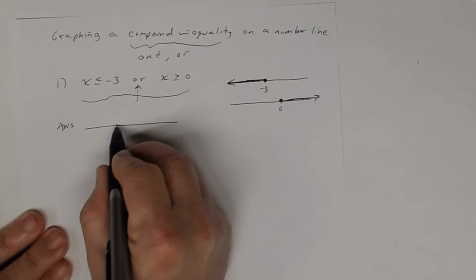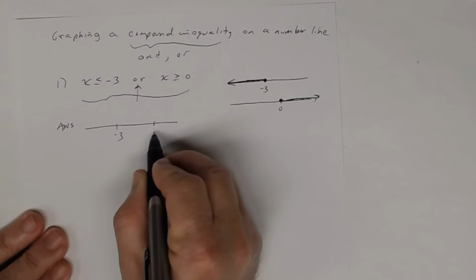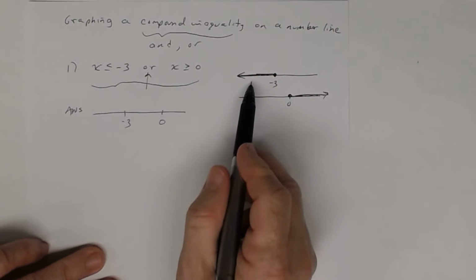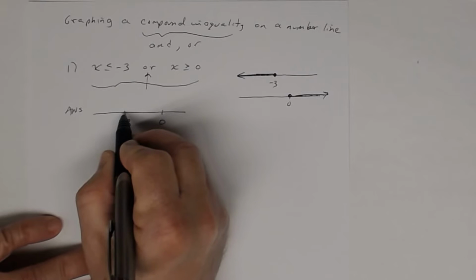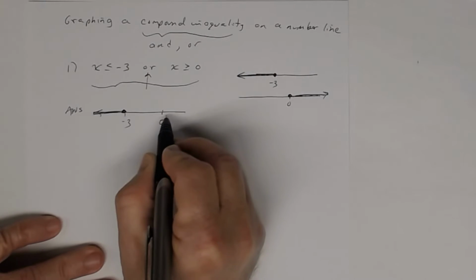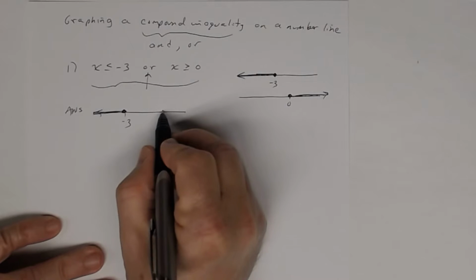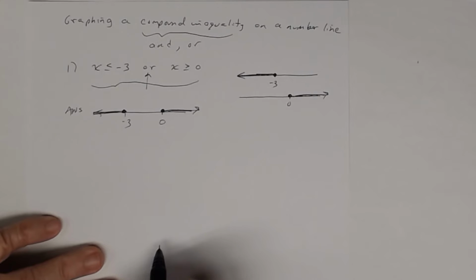So -3 is going to go on the left, and 0 is going to go to the right. Then you just shade in what you see. x is less than or equal to -3, so a closed circle with shading to the left, and x is greater than or equal to 0, a closed circle with shading to the right. And that's it. That is how you graph a compound inequality on the number line.